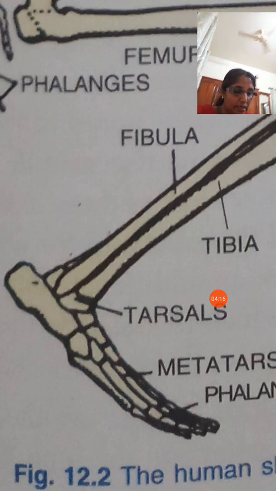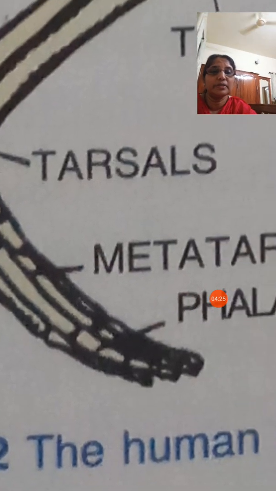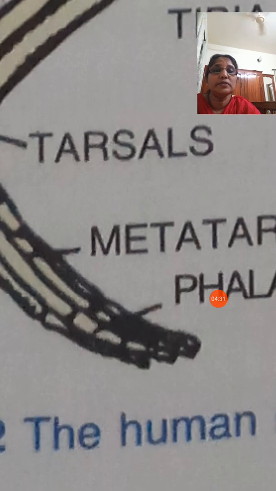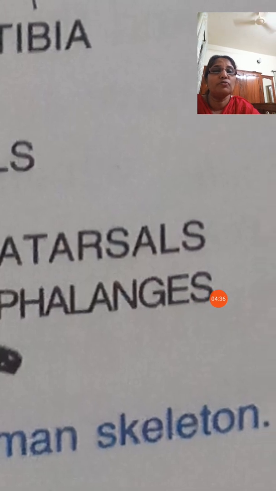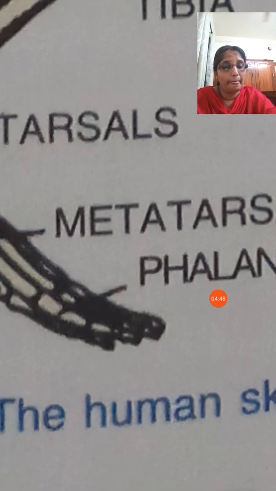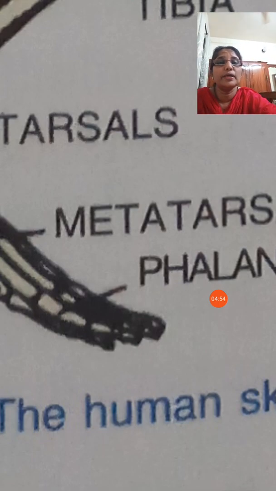Here in the same position in the limb are the metatarsals. The metatarsals are also 5 in number, like in the hand. Then phalanges are also 14 in number, the same in leg and hand. You can see the first toe is the bigger one, yet it has only 2 bones.